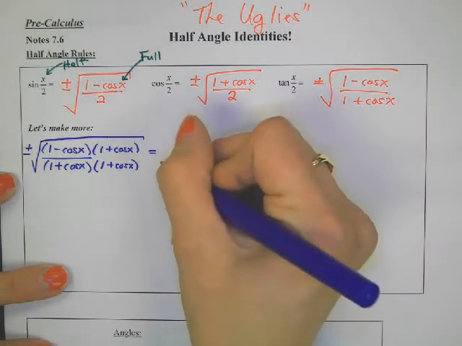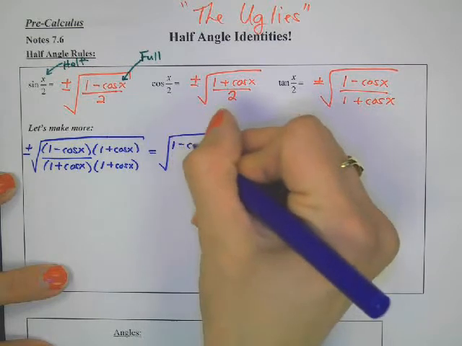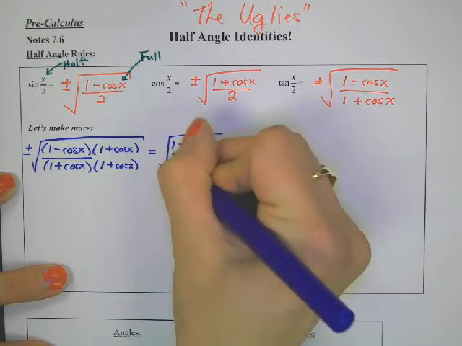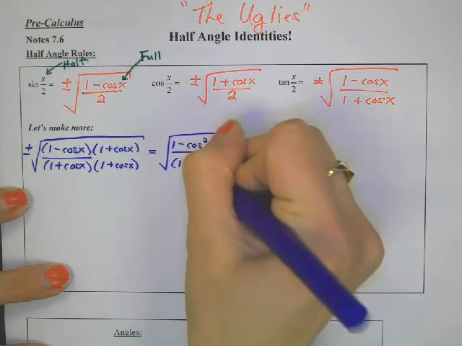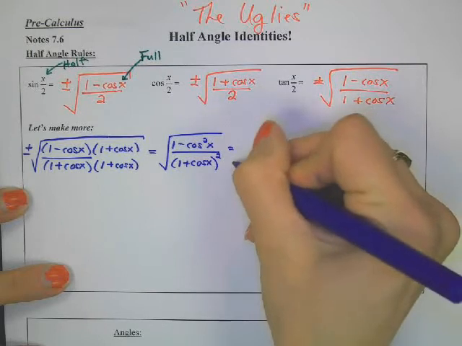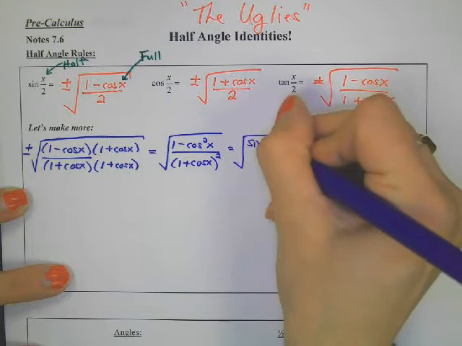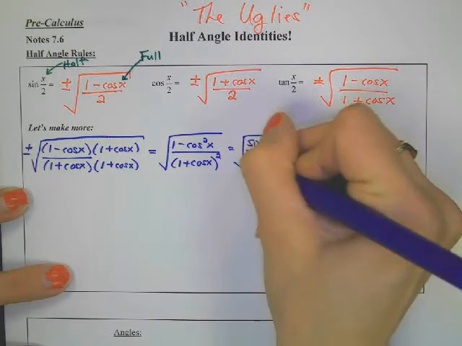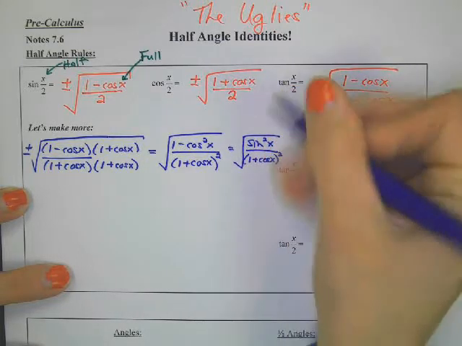So the numerator is going to be a difference of squares, which is 1 minus cosine squared of x, but the denominator is the exact same quantity twice, so that's quantity squared. Now I can go ahead and simplify 1 minus cosine squared to sine squared of x, and now I see a lot of things that are being squared.